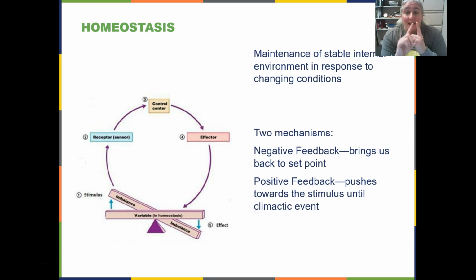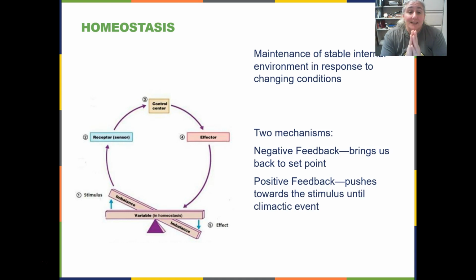We have to maintain nutrient levels, so hunger. We have to continuously know where our head is in association with the ground. So we have to be able to maintain equilibrium. So there's a lot of things that are constantly changing, but we have a lot of set points that our body maintains, and that's homeostasis.